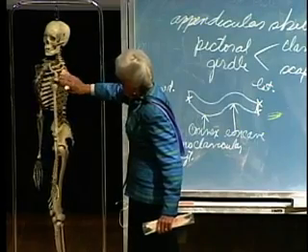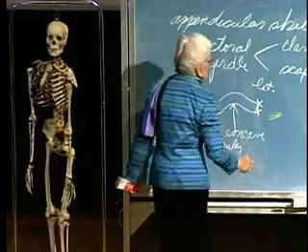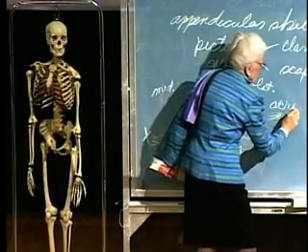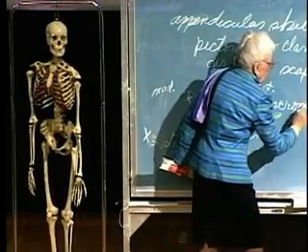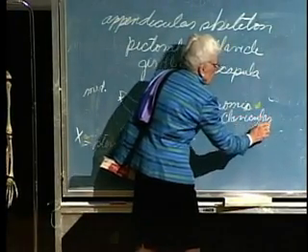Let's call it acromial clavicular, because the acromion is going to be part of the scapula. So laterally, we'll have the acromial clavicular joint.